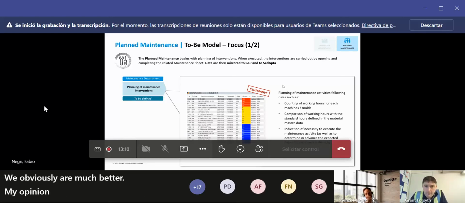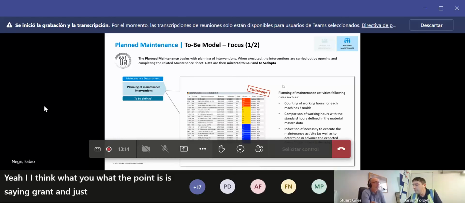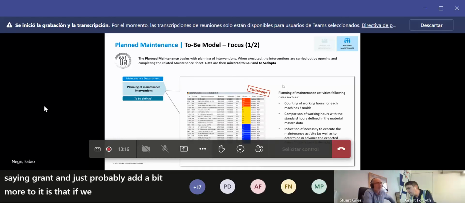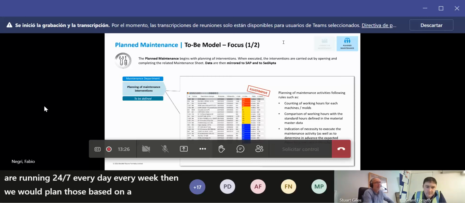Yeah, I think the point you're saying, Grant, and just to add a bit more to it, is that if we have machines that are running 24/7 every day, every week, then we would plan those based on a calendar because they are always operational. But we do have quite a few machines that don't run all the time. Their utilization is lower.